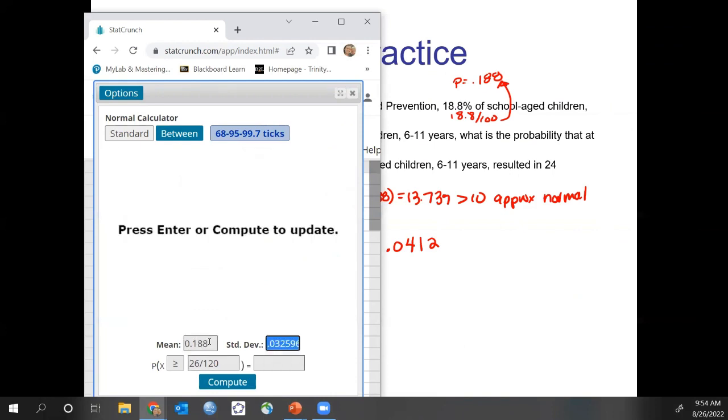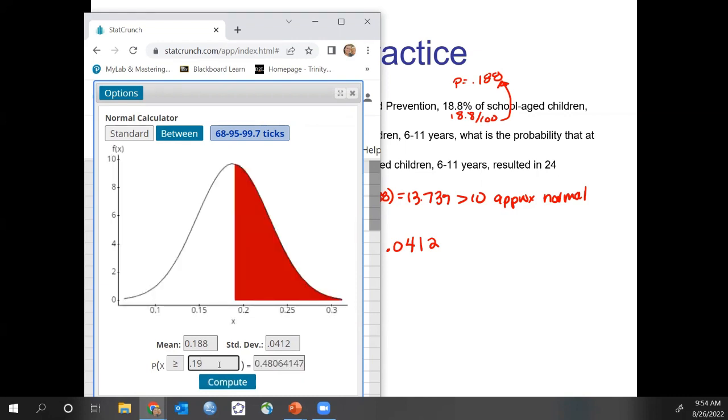Mean 0.188, standard deviation 0.0412. We want to test greater than 0.19. Okay, so the answer I got for this one is 0.4806.